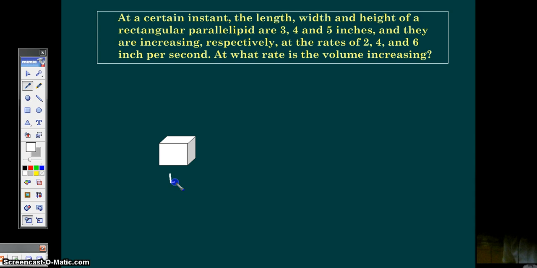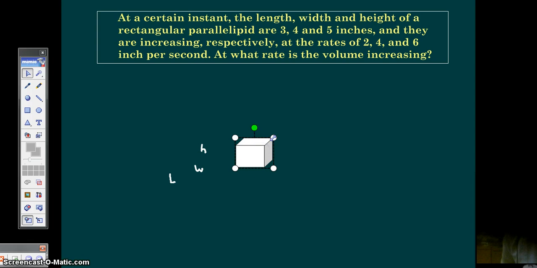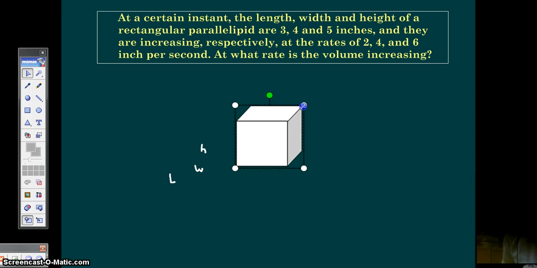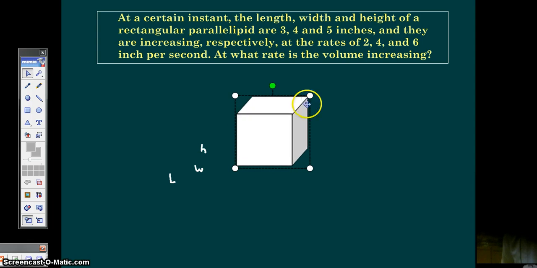So let this be the length, this be the width, and this be the height. Remember that all the variables are changing at the rates 2, 4, and 6 inches per second. So after some time, this parallelepiped must increase. It's obvious that the volume is also increasing.